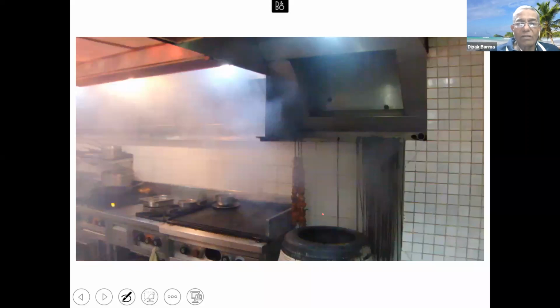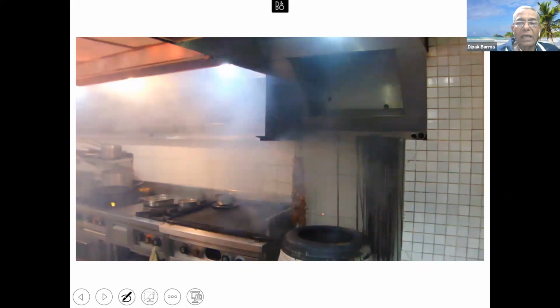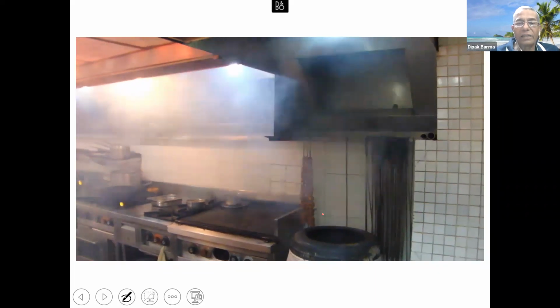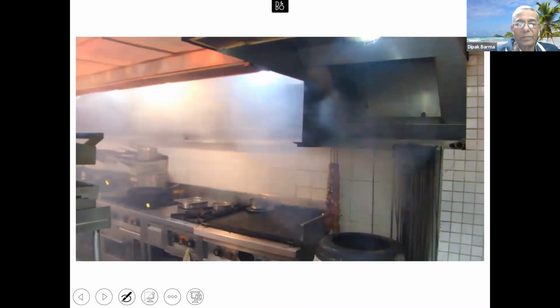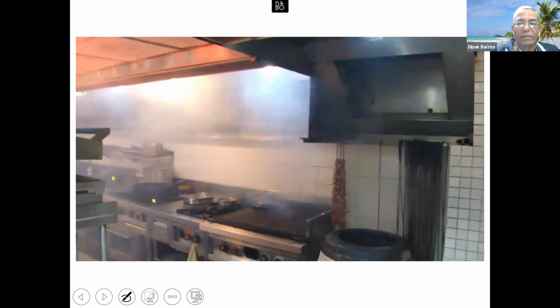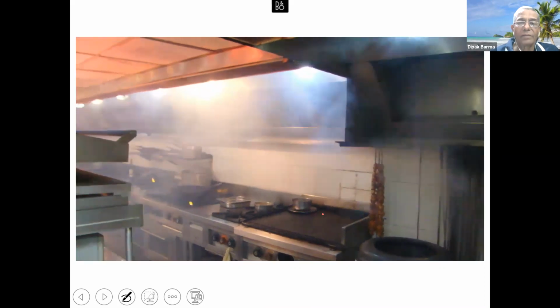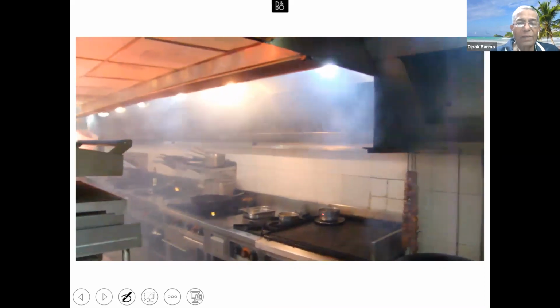This is how a kitchen exhaust system can go horribly wrong. This is what will happen when the spillage of the smoke takes place. See what can happen here.